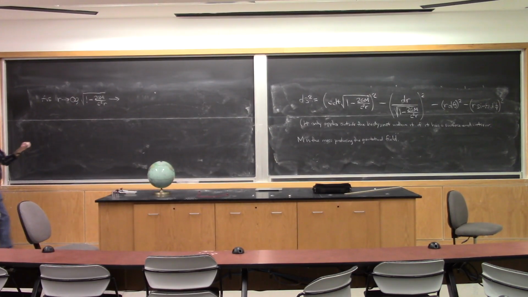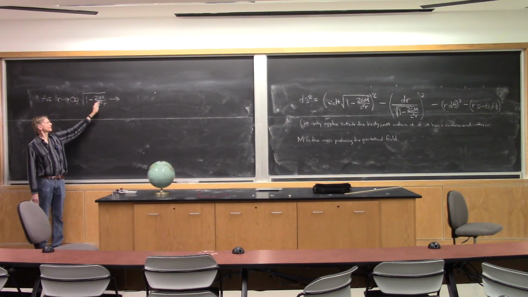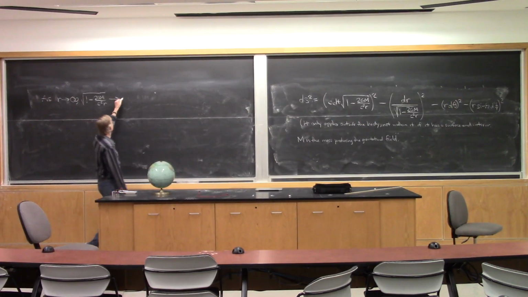Because if r goes to infinity, then 2GM over c squared r goes to 0, because you're dividing by a bigger and bigger number. So the square root goes to 1.